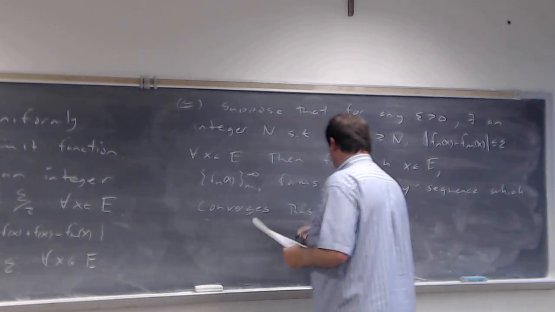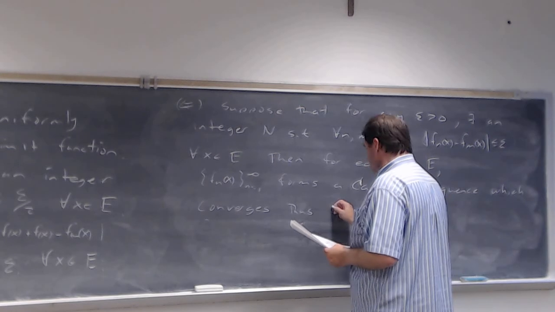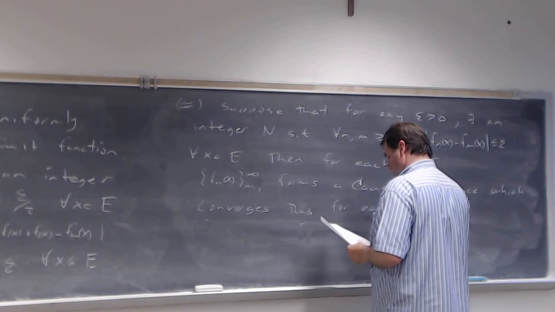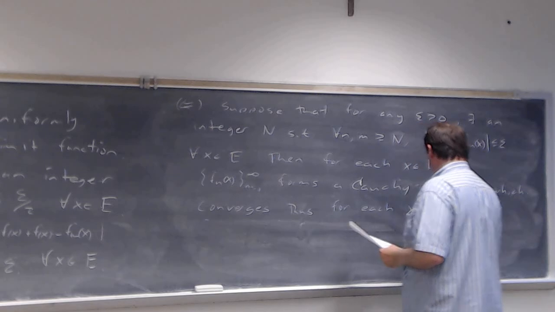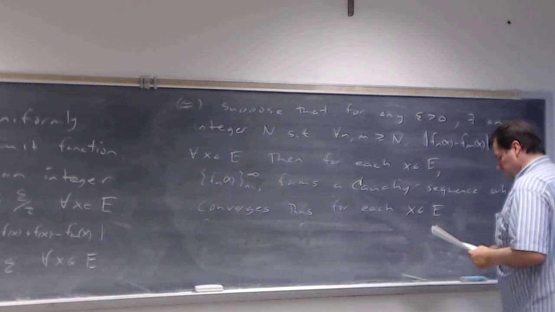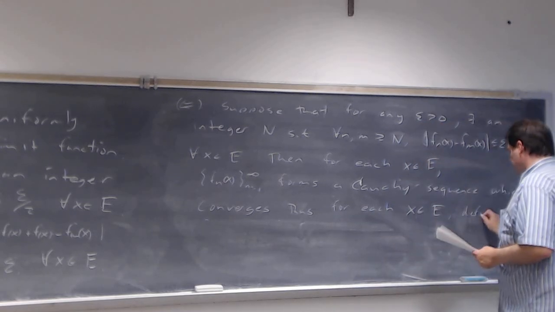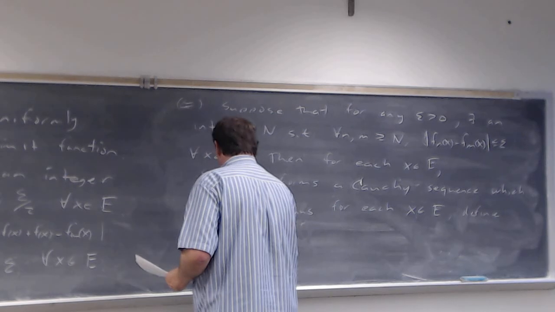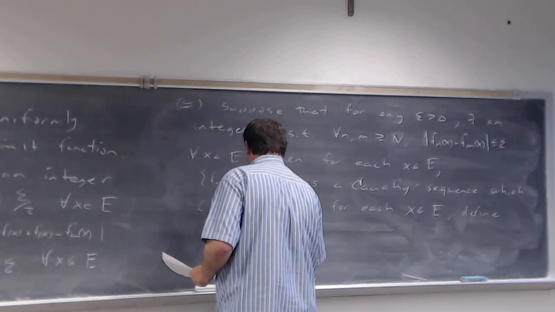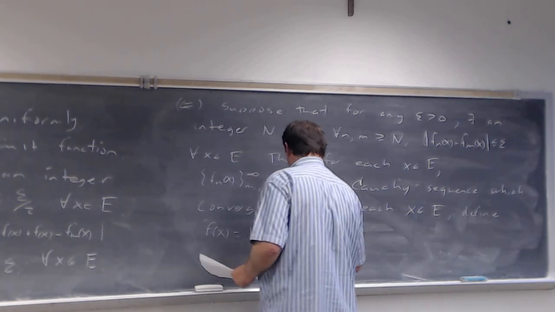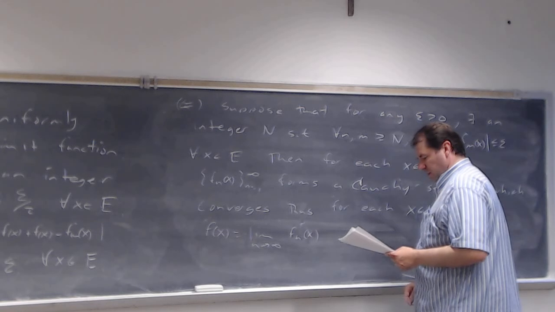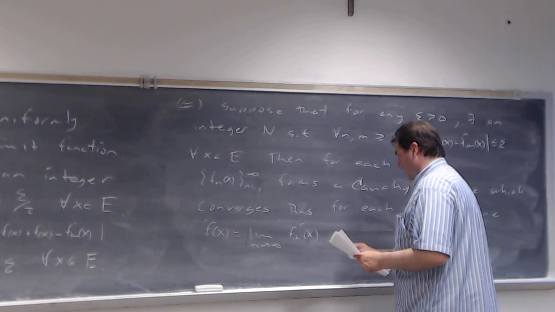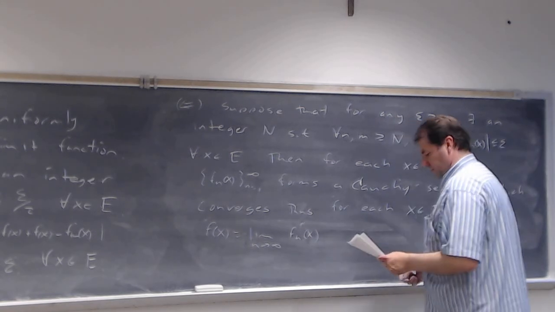Thus for each x element of E, we define f of x to be equal to the limit as n goes to infinity of f sub n of x. Okay, this we're doing for each x. All right, this means that we have really pointwise convergence.